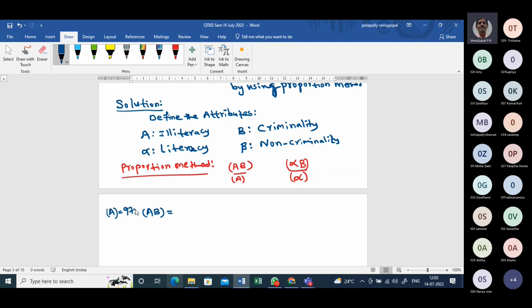How many criminals are there in that? 17. How many literates are there? 750. Literate criminals means alpha B, right? Alpha B is 8, no?